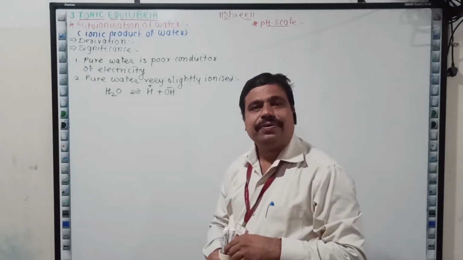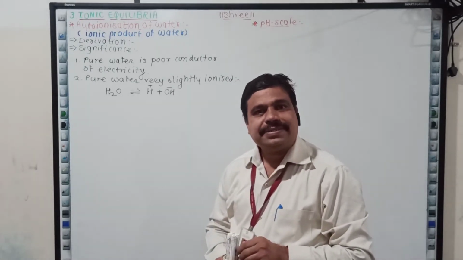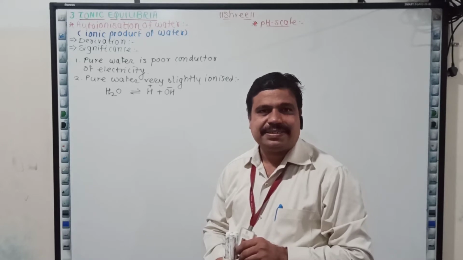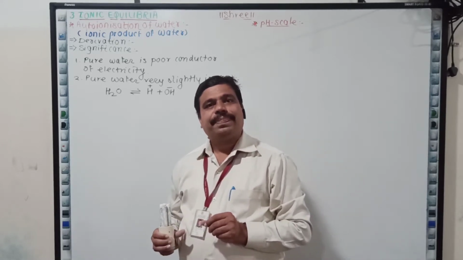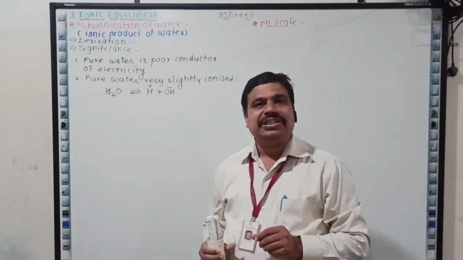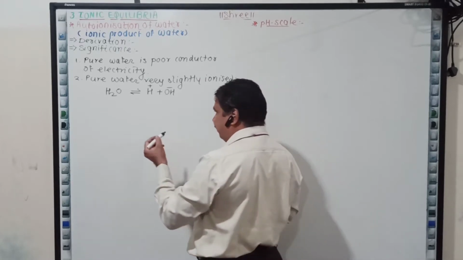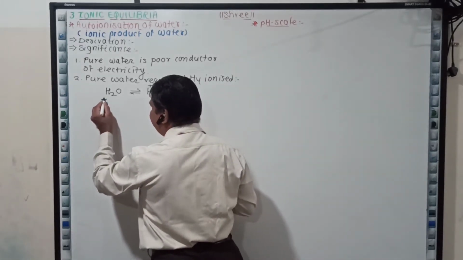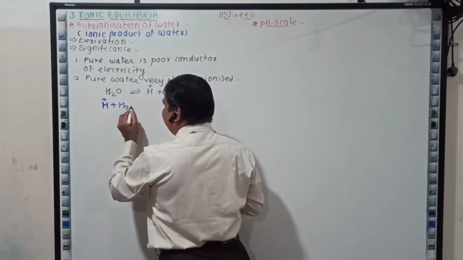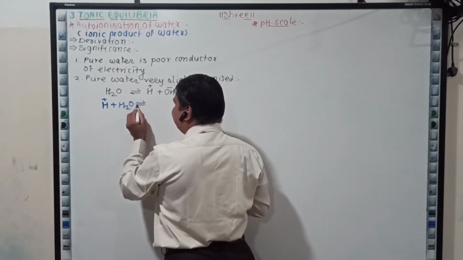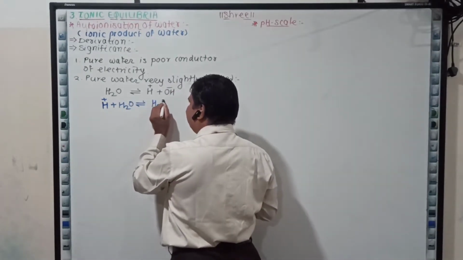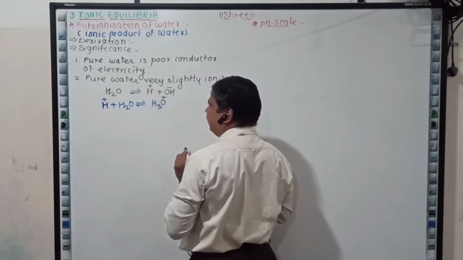But Vidyarthi Mitranno, H plus ions always exist in water in the form of H3O plus. That means H plus H2O always exist in the form of H3O plus.